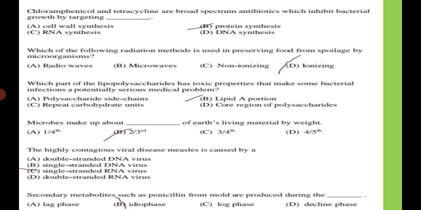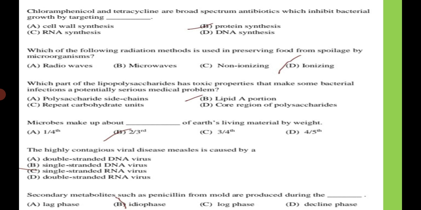So this is the activity of chloramphenicol on a target cell, whereas tetracycline binds to the 30S ribosomal subunit, hindering the binding of aminoacyl tRNA to the acceptor site on the mRNA ribosome complex.